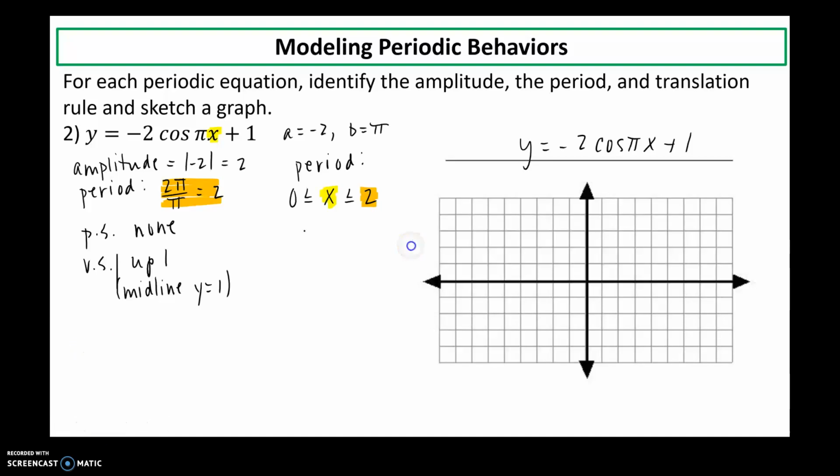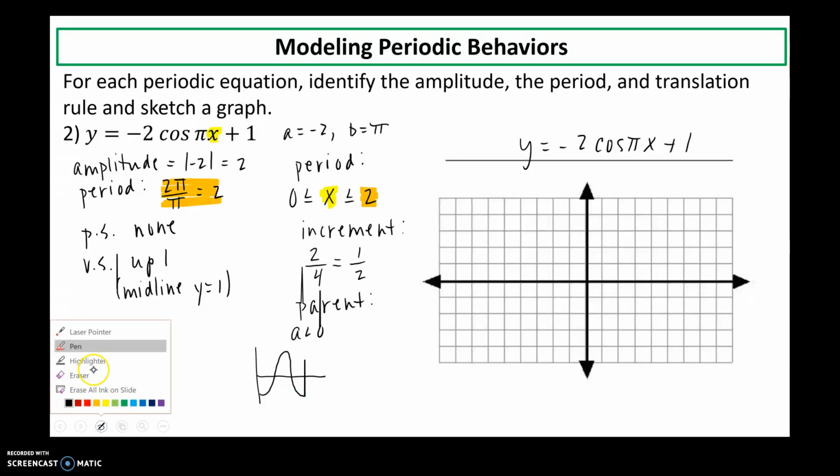Okay, next our increment. So how do we move along the x-axis? The period of the function divided by 4. So I'm going to move in increments of half of a unit. Our parent function is cosine, but since a is negative, sorry that the pen's doing that. Since a is negative, my parent function is going to be the reflection of what the cosine graph is.